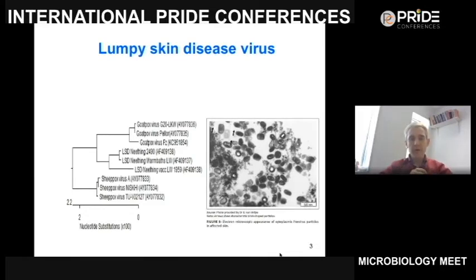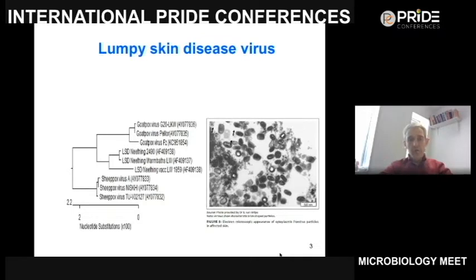The viruses which are detected mainly in cattle and are producing huge economic losses in cattle are presented here in the middle, and then the other capripox viruses, goatpox and sheeppox virus, you can see on this small phylogenetic tree. On the right side, you can see the electron microscopic picture of this virus.